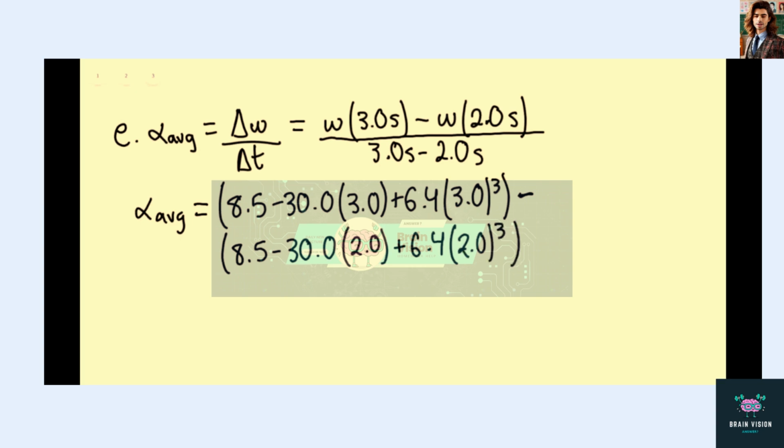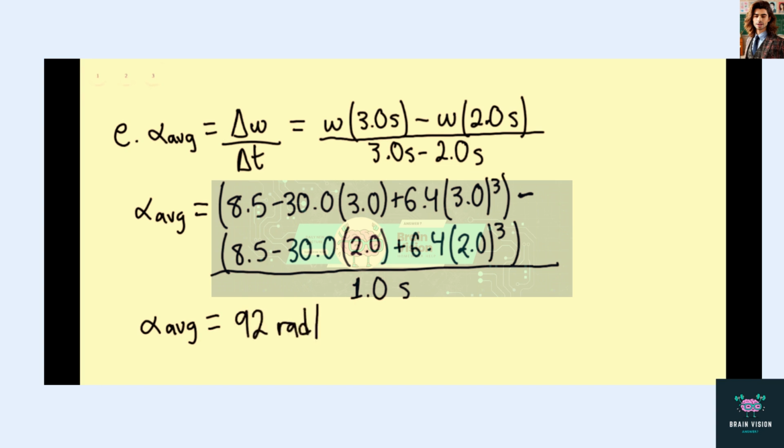Close parentheses, all divided by 3 minus 2, 1.0 seconds. And the average angular acceleration would then equal approximately 92 radians per second squared. So this would be your answer for part E.